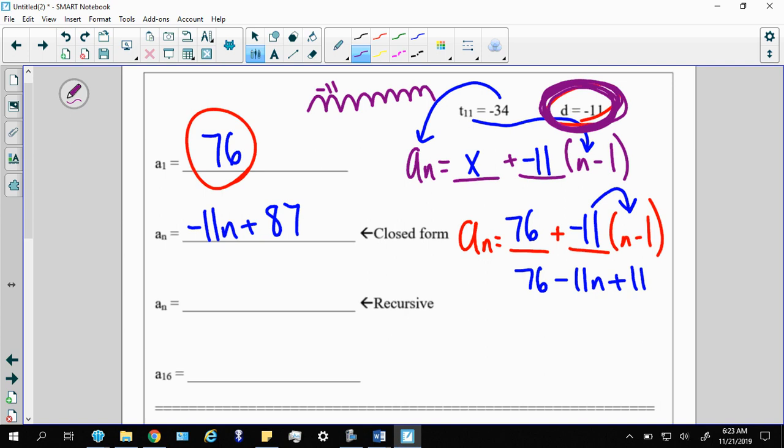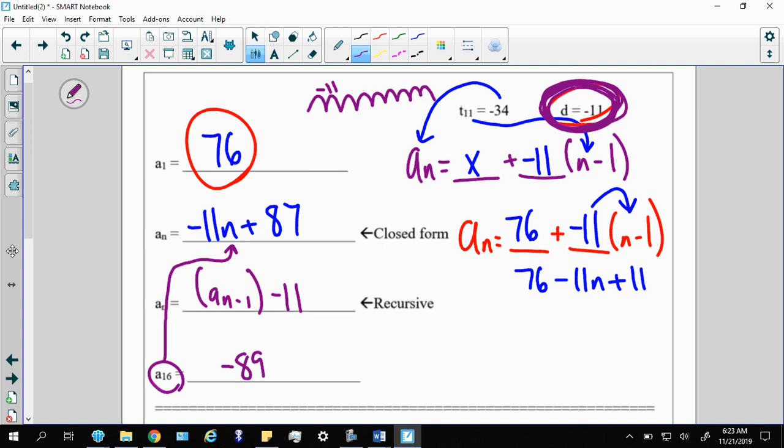So the recursive is nothing more than taking the previous number and always subtracting 11. That's it. Now, a of 16, this little throwaway question: just take 16, plug it in for n, and you get the 16th term, which is negative 89.